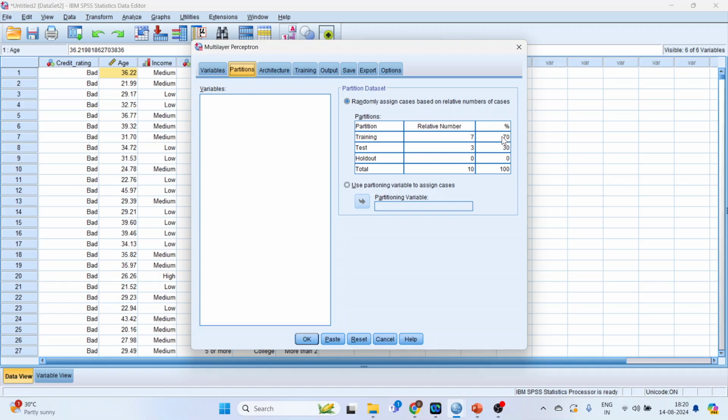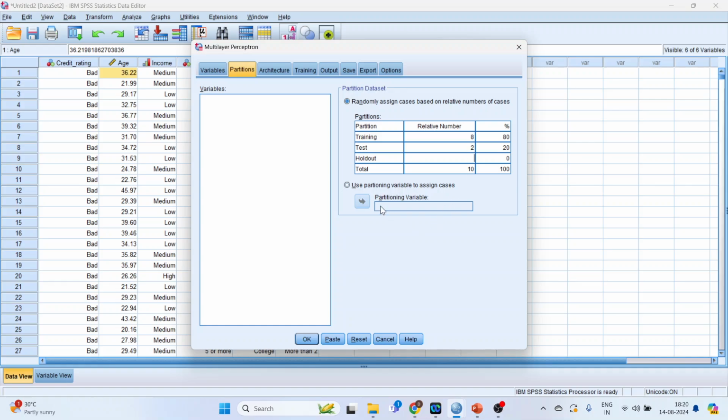Here 70% is for training, 30% is for testing, nothing in holdout. If you want to change it, you just click here and make it 2 and this as 1. Make sure that the total is 100%, or you can go for 80-20. So this is 8 and this is 2, and 80-20. Okay, so this is also possible.